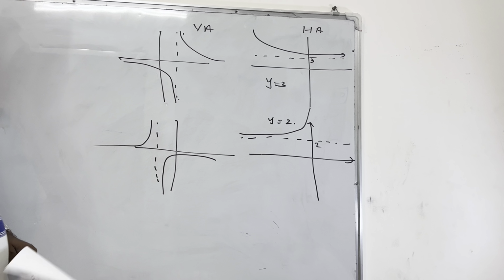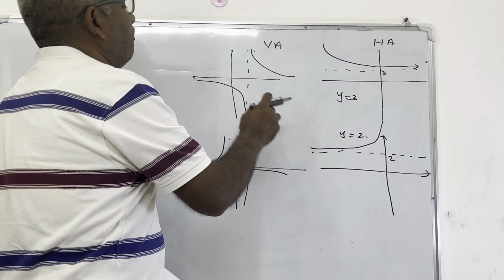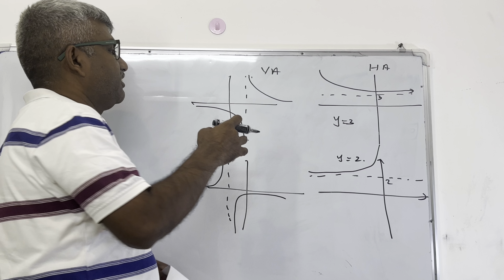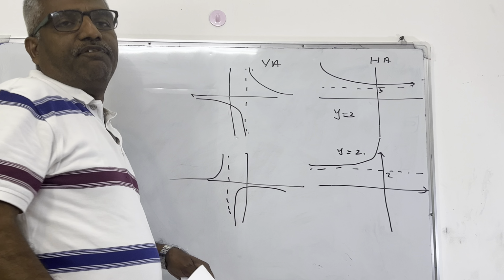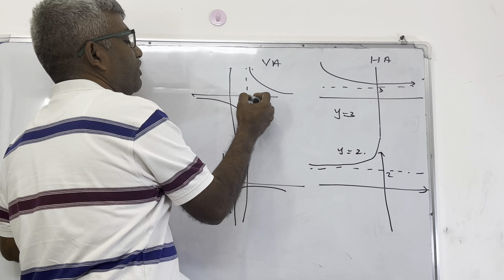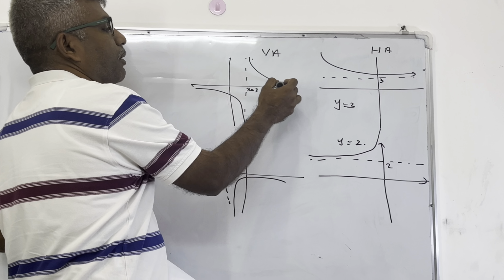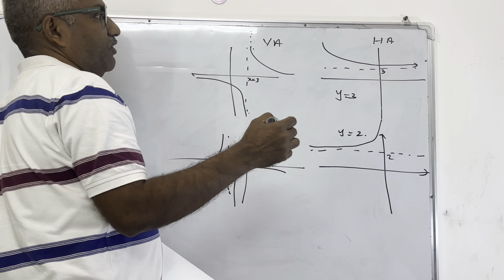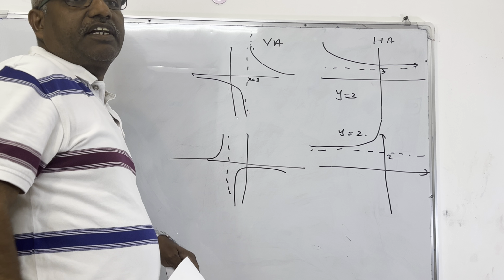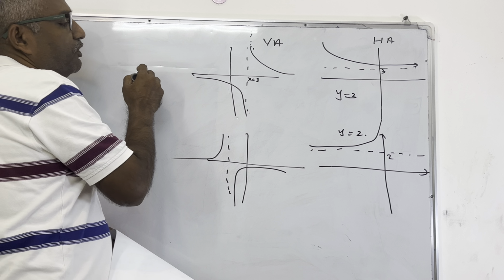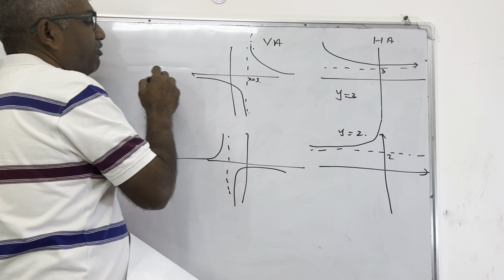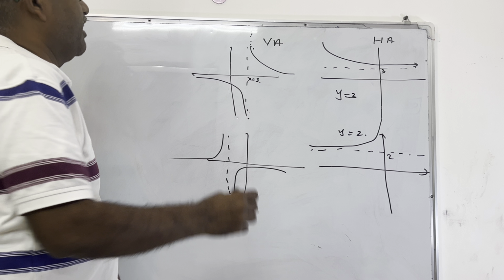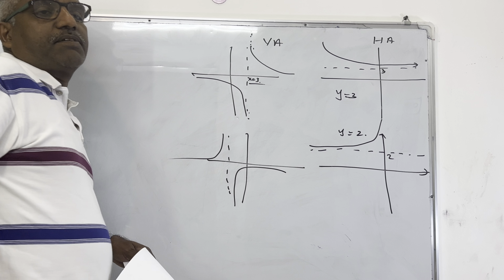Vertical asymptote. When x is equal to a, when we are approaching x from the right, the y value is infinity, it is the vertical asymptote. For example, this is x equal to 3. When you are approaching from the right, the y value becomes infinity. At the same time, when you are approaching x equal to a from the left, the y value approaches negative infinity, that time also it is the vertical asymptote at x equal to 3.